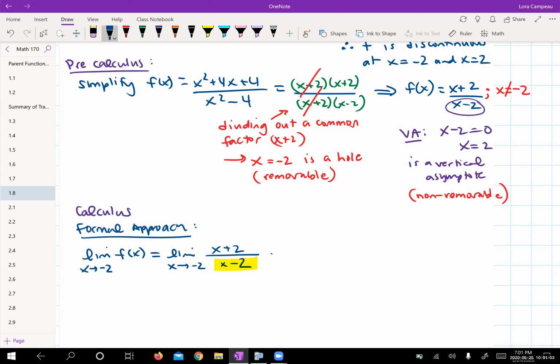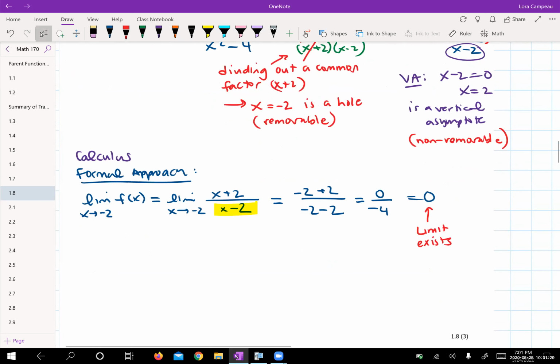So we're going to plug in -2 for x. And this is where we get to get rid of the limit notation because we're actually using the direct substitution. We get ourselves 0 over -4, and that calculates to 0. So we just calculated that the limit exists. We got a real number.